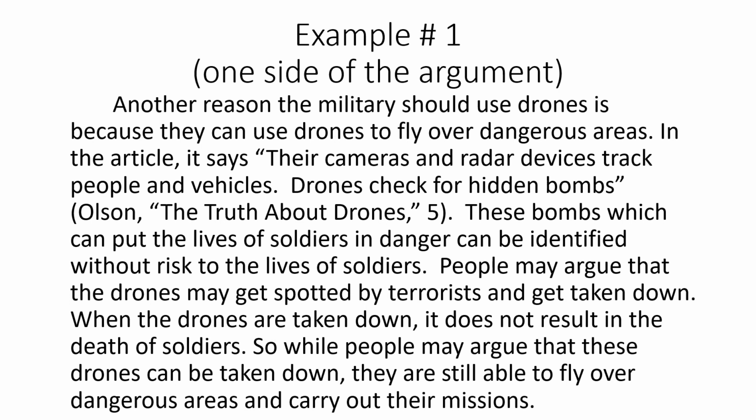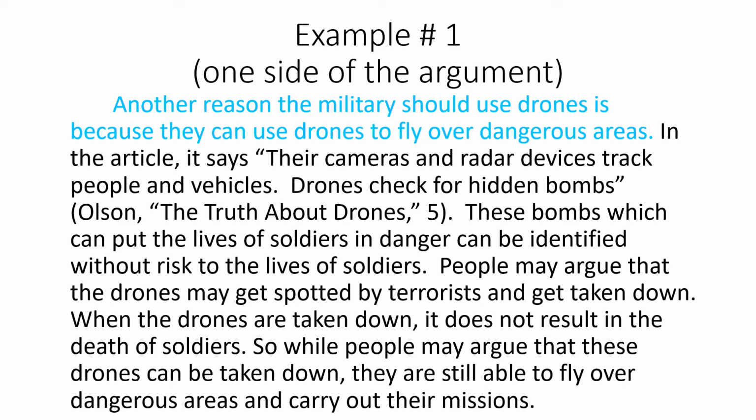So here's an example argumentative body paragraph. Notice the student started his topic sentence by saying another reason, because this is the second point that he's discussing. He says another reason the military should use drones is because they can use drones to fly over dangerous areas.